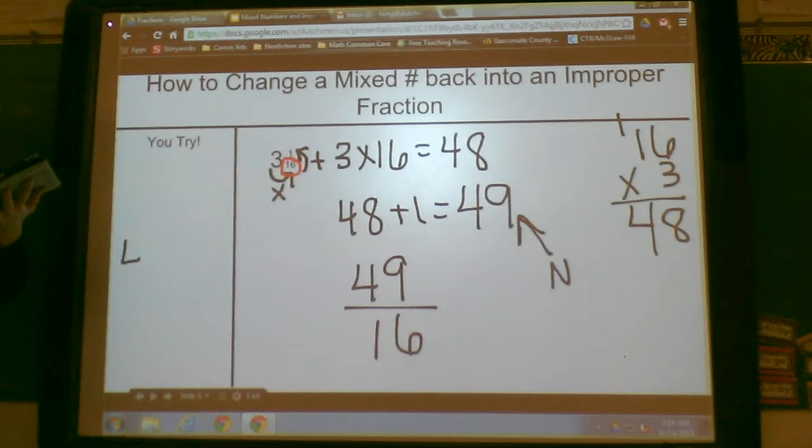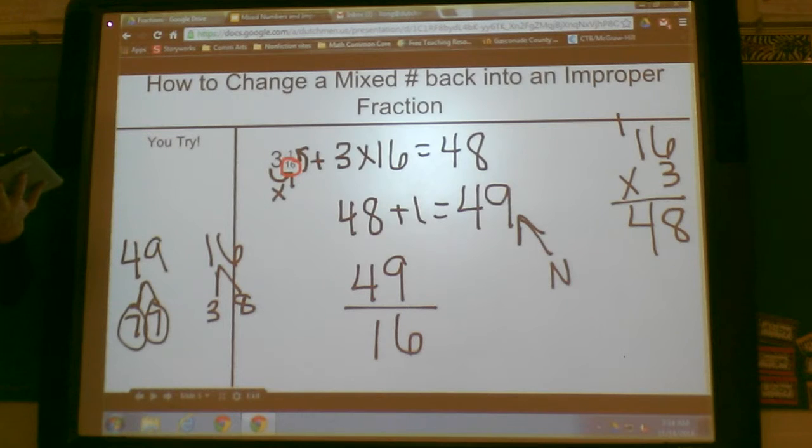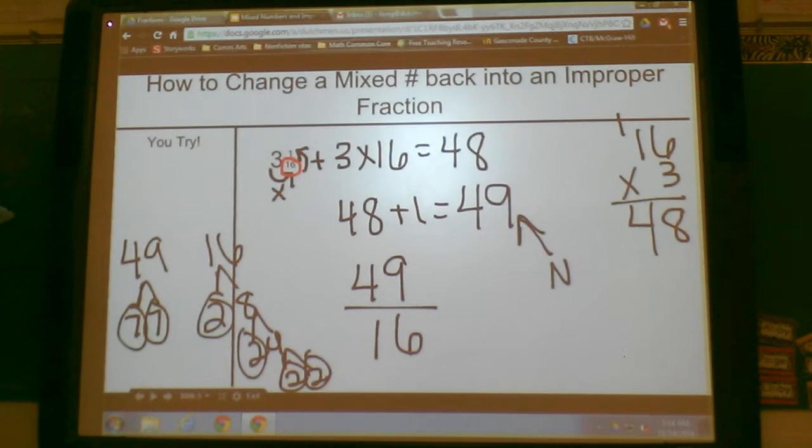Let's check. 49 factors out to 7 and 7, which are both prime. 16 factors out to 2 and 8, 2 and 4, and then 2 and 2. So, do we have anything in common between those two? We have 7s here and 2s here. No, we do not, so that means that this is our simplified improper fraction.